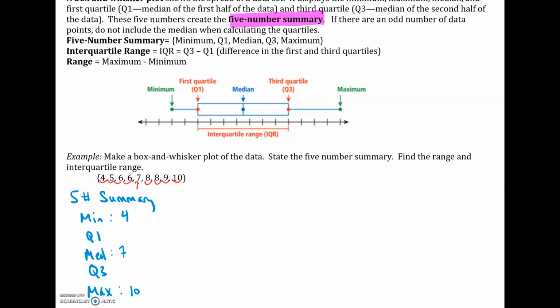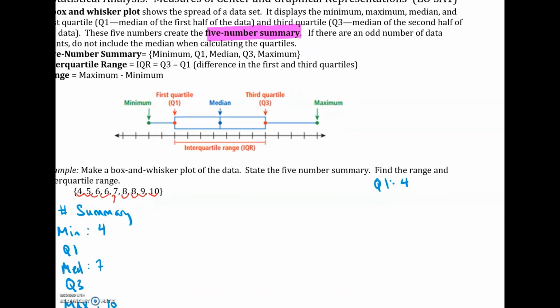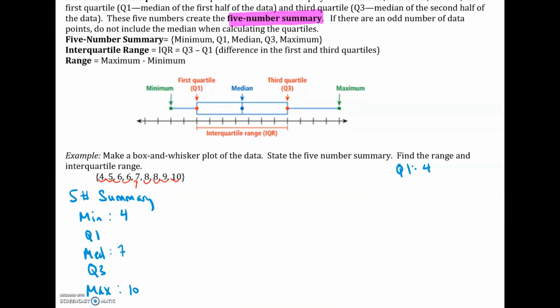So let me just write this here on the side. If we're looking for Q1, I have this set of data, 5, 6, and 6. Then you'll notice, wait a minute, if I try to count inwards, there's 1, there's 2, there's nothing in the middle. So we have 2 values in the middle.